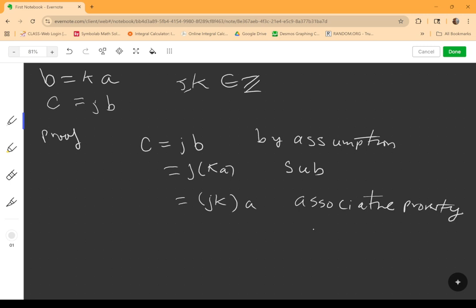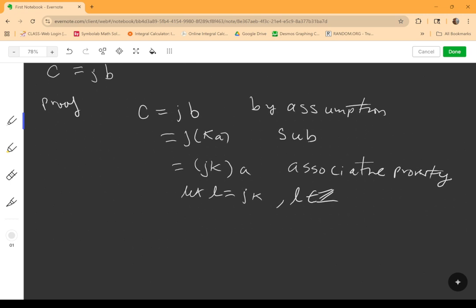We can also let L equal JK. Since J and K are both integers, L is a product of two integers, so L is also an integer.